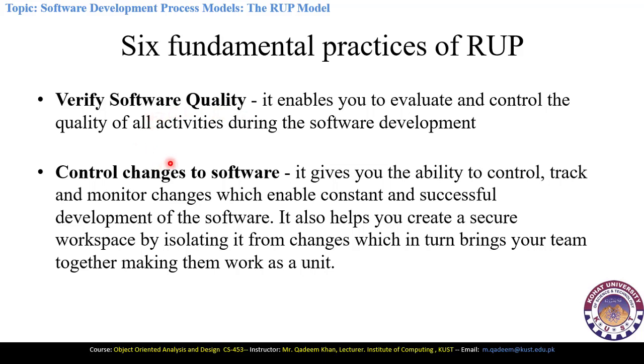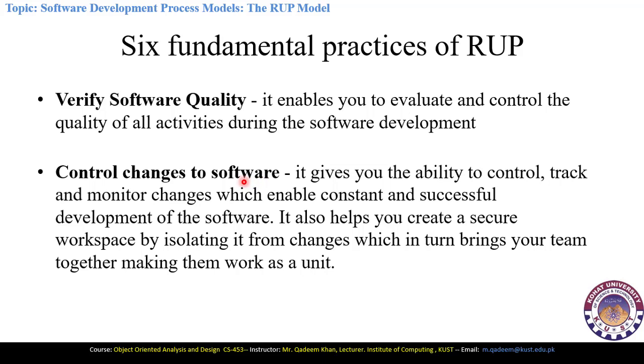Similarly, the rational unified process model also helps us to control the changes to the software. The final phase of the software is responsible for the maintenance, which is the production phase. Here, we will take important feedback from the customers, and also we will record any sort of changes required in the software.